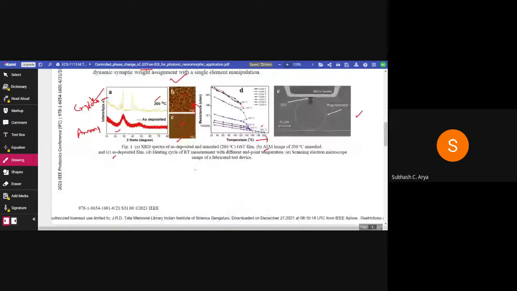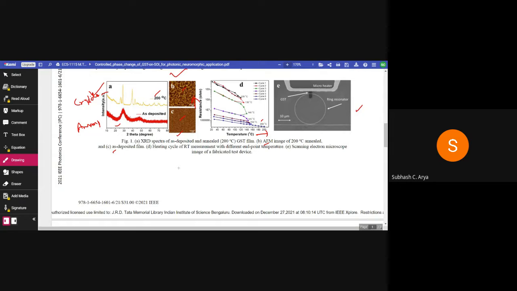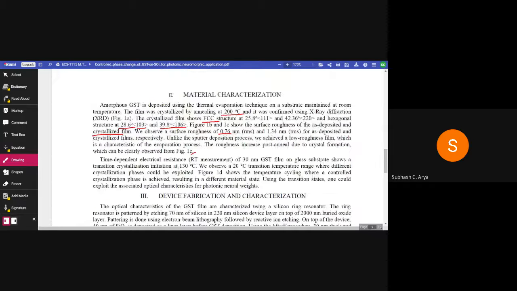Figure 1c. Roughness is more here, less here. Evaporation method and annealed method. Thermal evaporation.